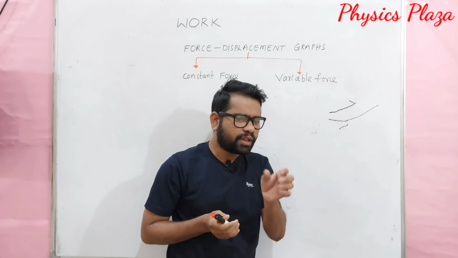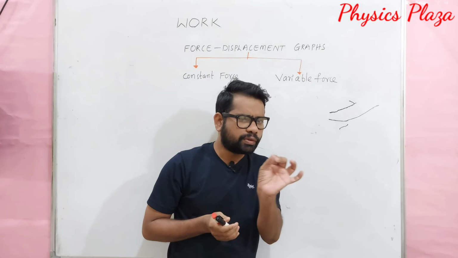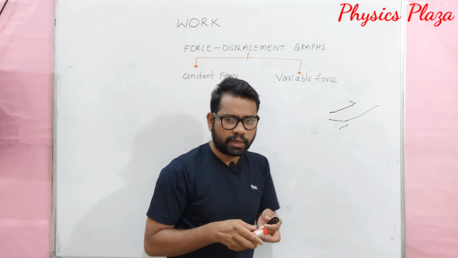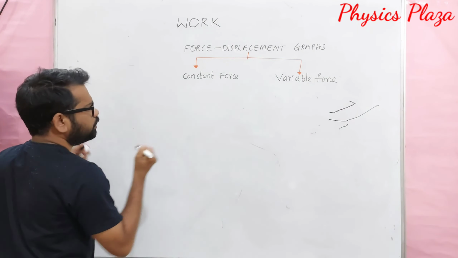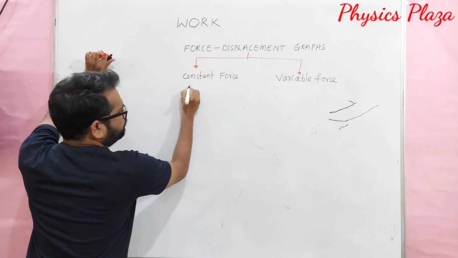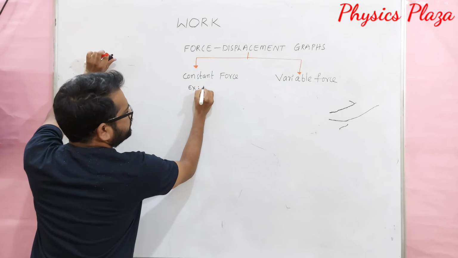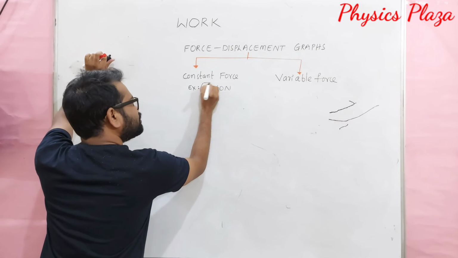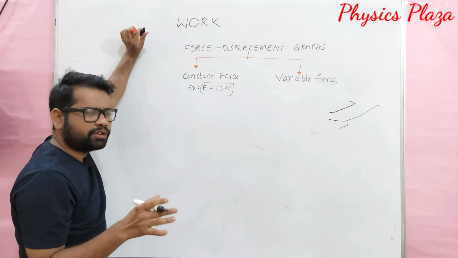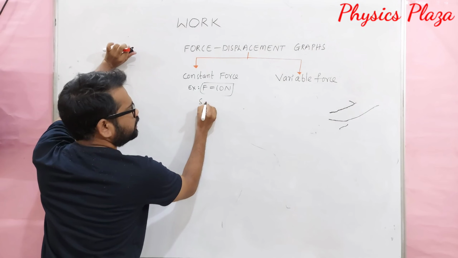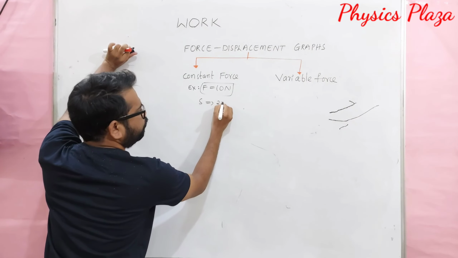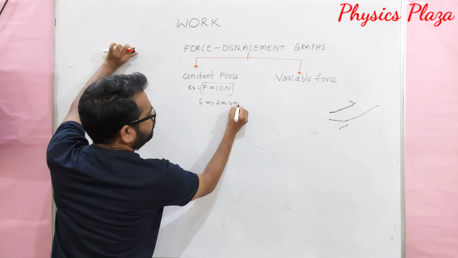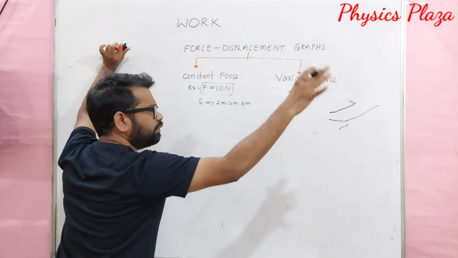So in that case, if we plot a graph of force versus displacement, how will the graph be? As I told you, for a constant force, for example, we are taking F equal to 10 newtons. It might be anything; it is not compulsory that it is only 10 newtons. Displacement might be 2 meters, 4 meters, 6 meters, different displacements.